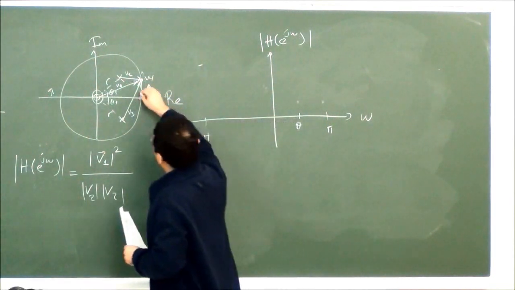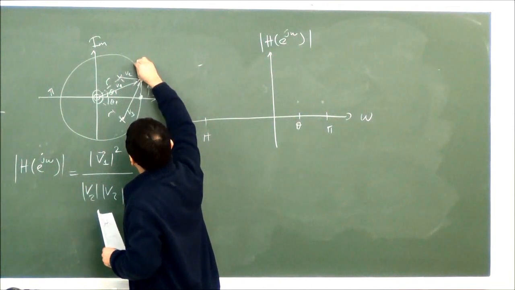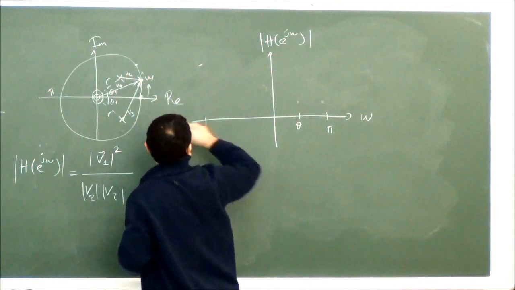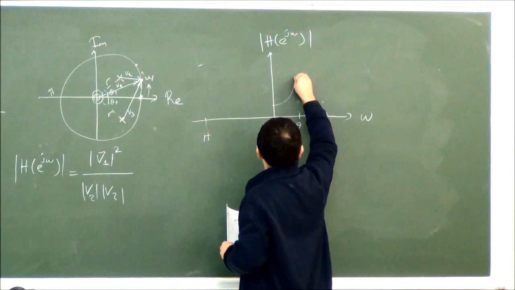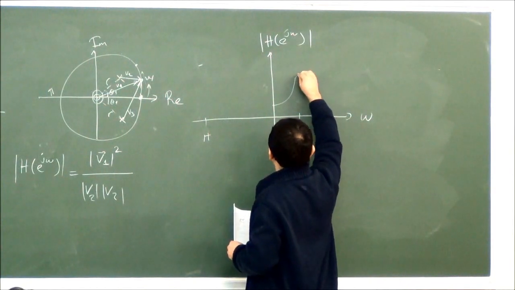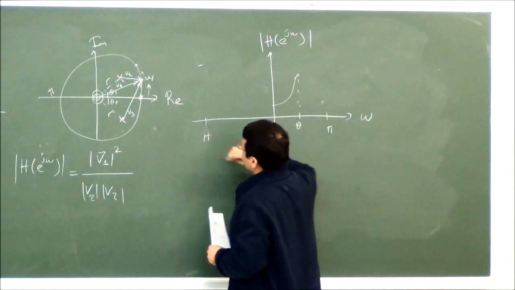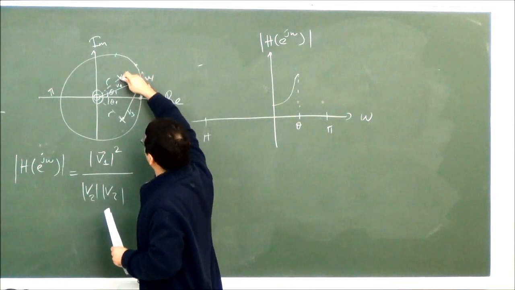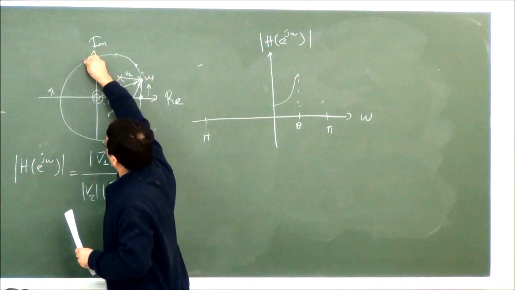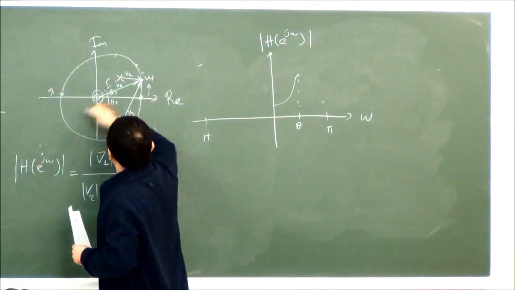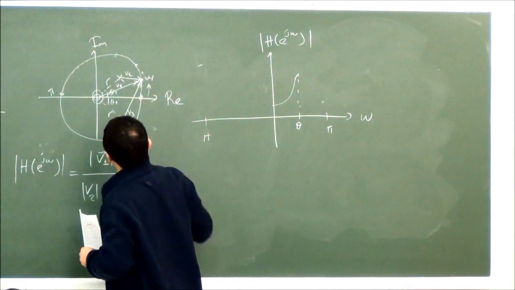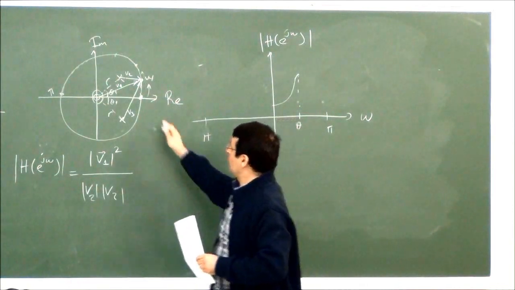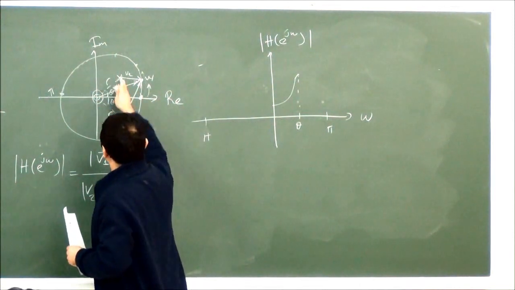At point theta, you are close to this pole, and this will give you an increase, a peak at this point. By going this way, you are moving away from this pole, and at this point the effect of the poles is minimum because you are far away from these two poles.